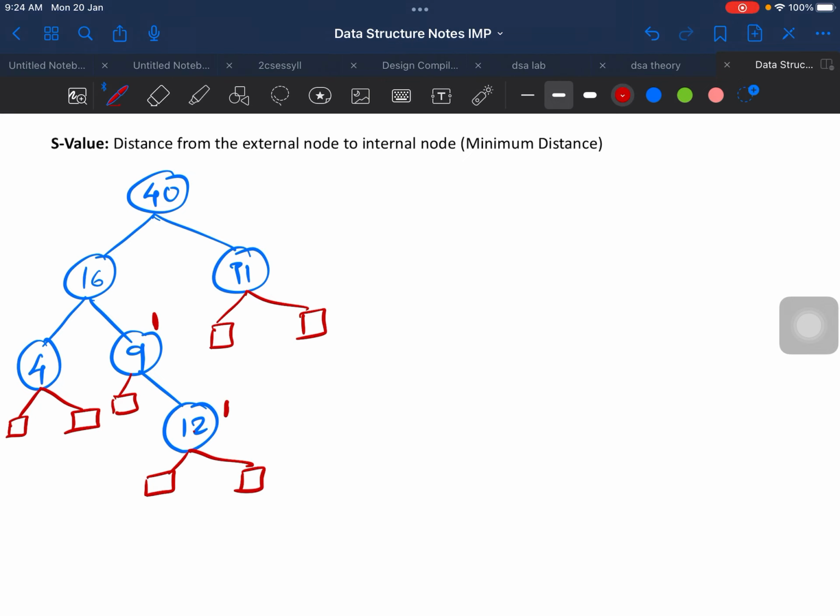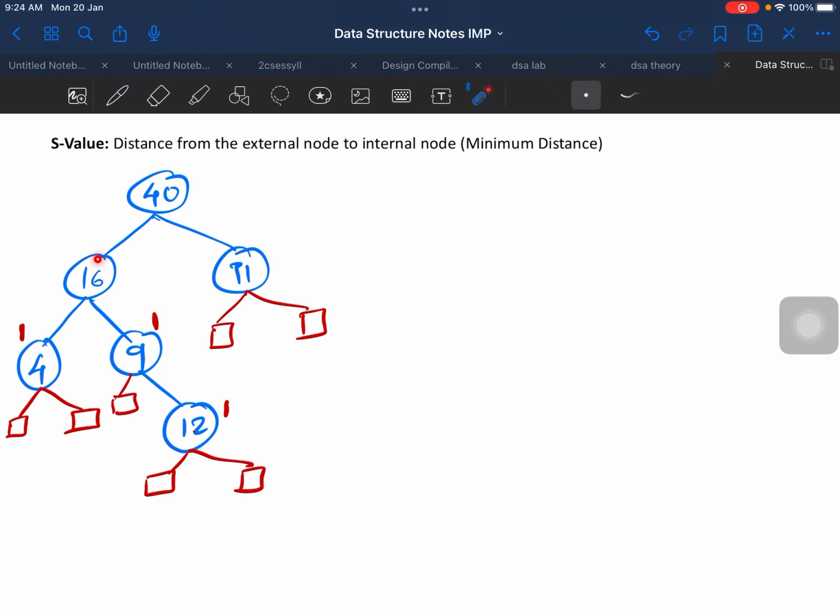One is the s value of node number 9. Now let's see this 4. 4 has two external nodes, so the distance of 4 to the external nodes is again definitely 1.